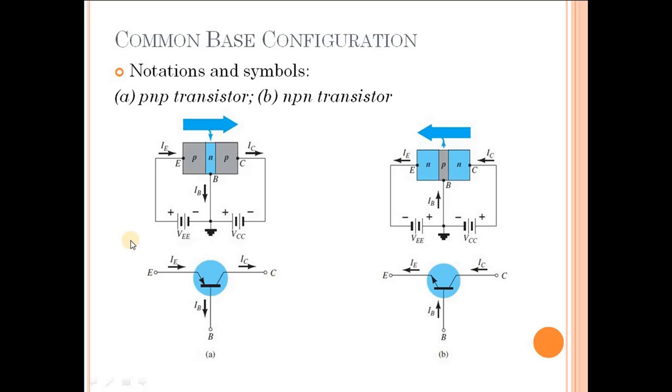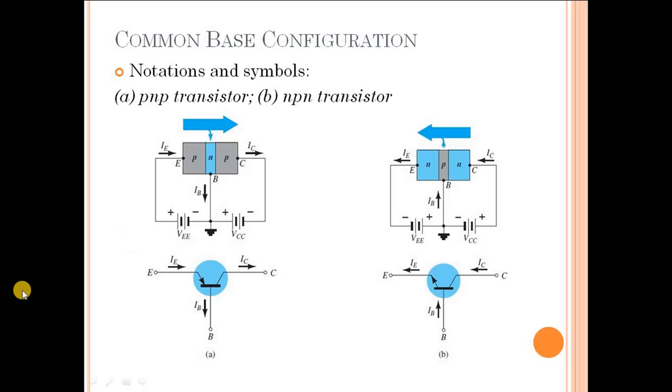Since we have already discussed the input characteristics for the common base configuration, now let us go to the output characteristics in the case of common base configuration of the BJT.